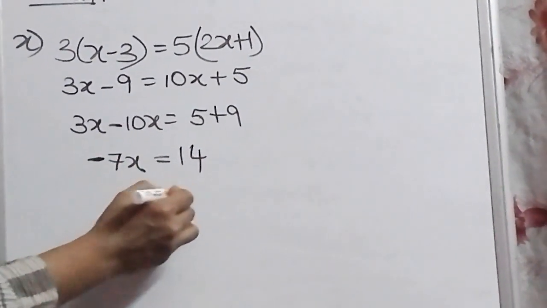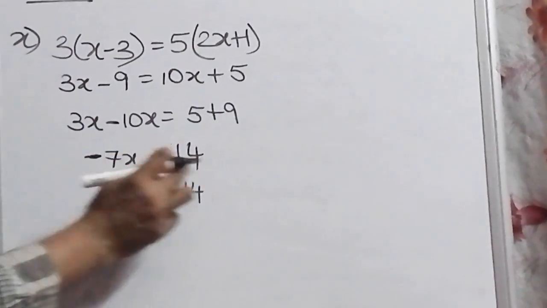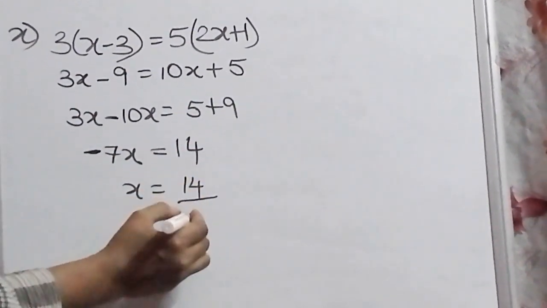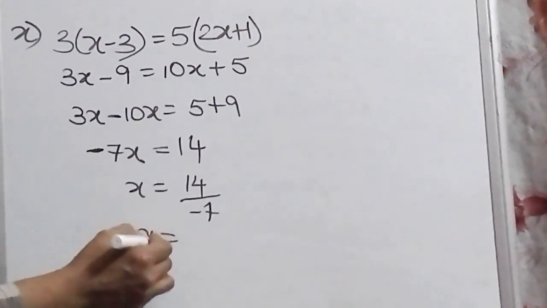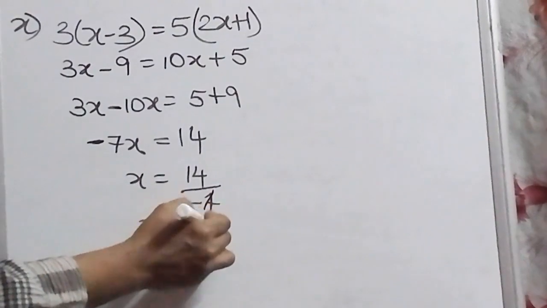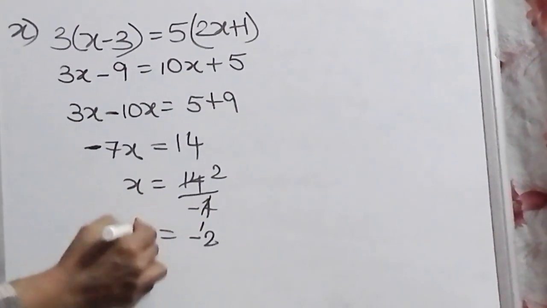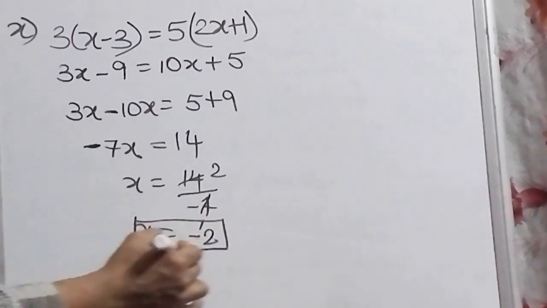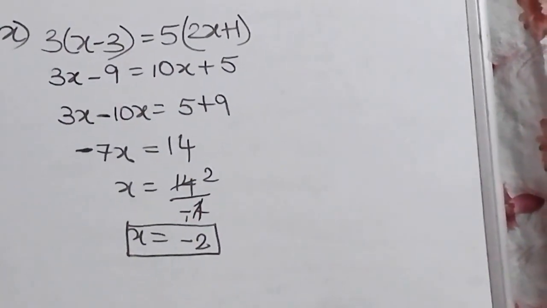So now x is equal to 14. Multiplication, when it goes to the other side, it becomes division, minus 7. So this is equal to 7 ones are 7, 7 twos are 14. So the answer is x is equal to minus 2. X is equal to minus 2.